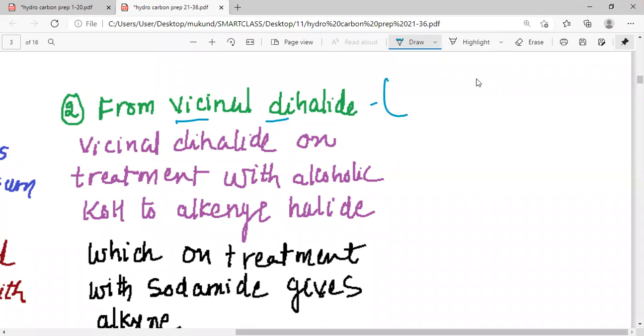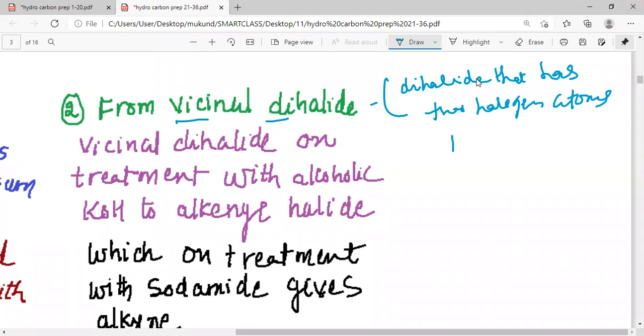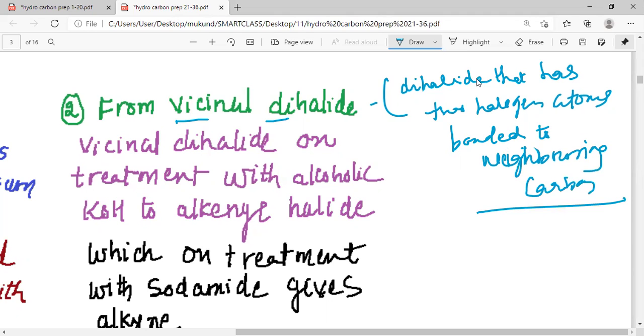We are already aware that a vicinal dihalide is a dihalide that has two halogen atoms bonded to neighboring carbons, or instead of neighboring carbons, we can write adjacent carbons.